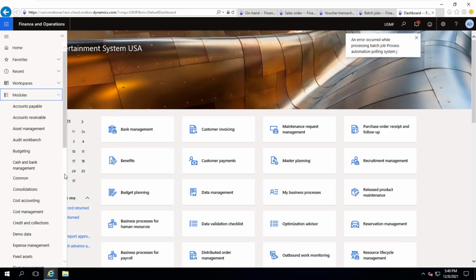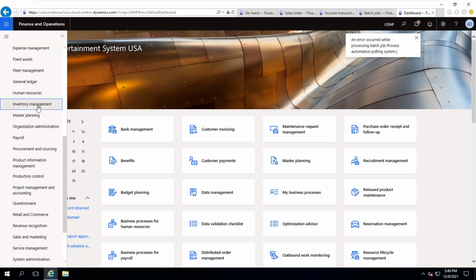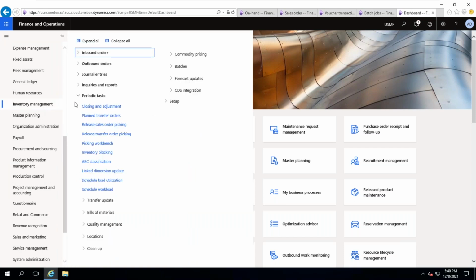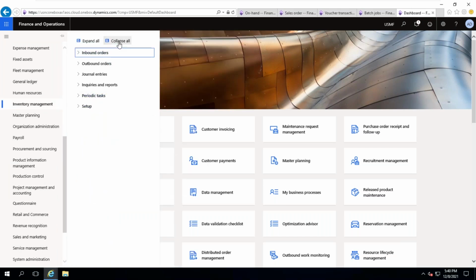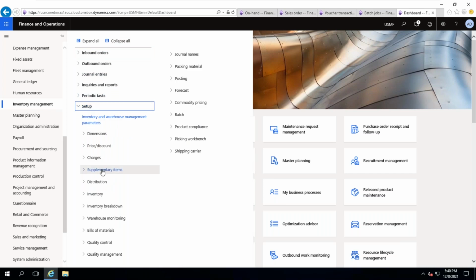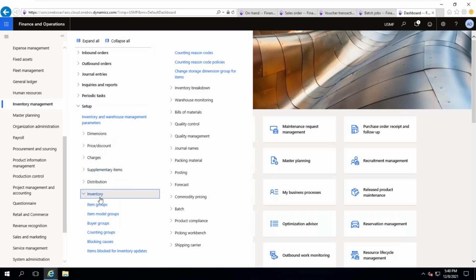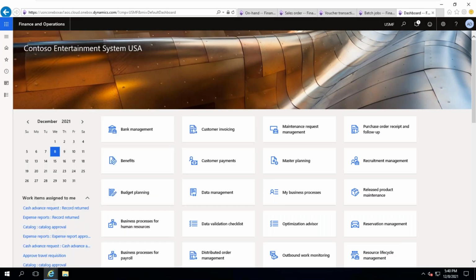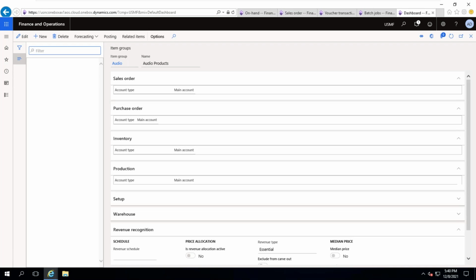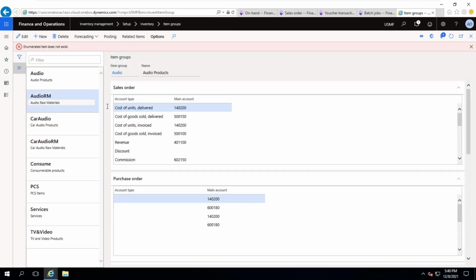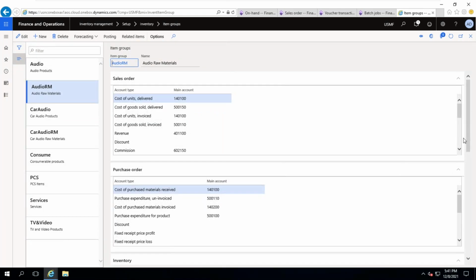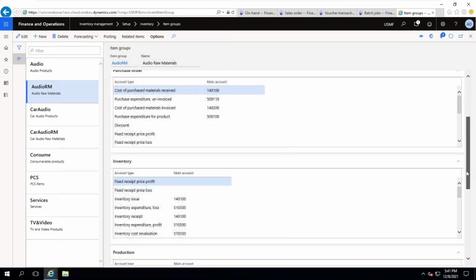Inventory management, setup, inventory, item groups. Here I'm selecting the second one. The first one will show you technical errors in your system also. Leave that one.